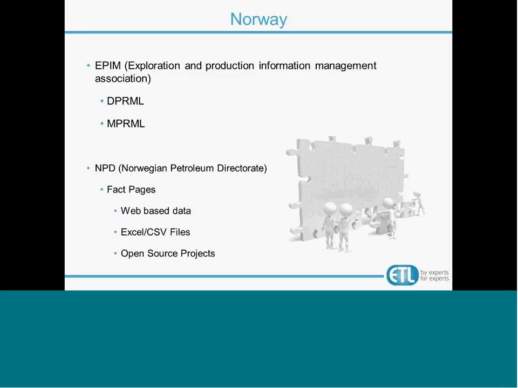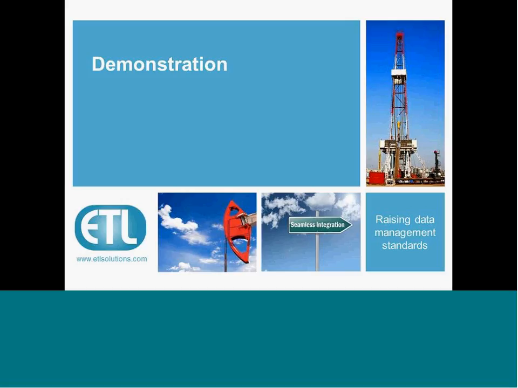They also provide that as Excel and CSV, and that data is also used in some open source projects. So there's a lot of information out there that's available, and towards the end of this demonstration, we'll have a quick look at the Norwegian side of things and how they've done it and how that looks in TM also. So let's continue to the demonstration.